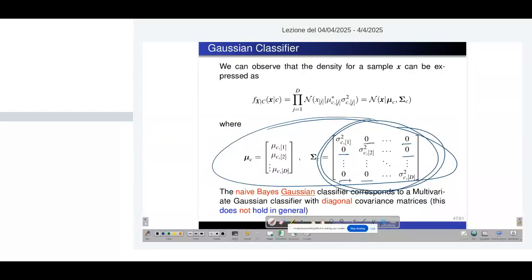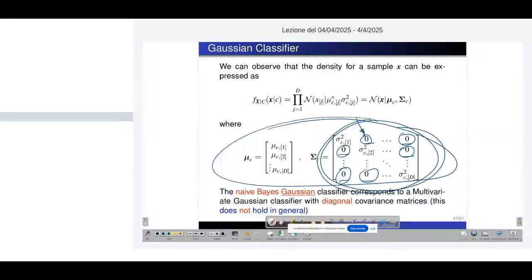Remember that for Gaussian densities, independence implies correlation zero, but also correlation zero implies independence. This holds only for Gaussian distributed data. So zeroing the covariance values outside of the diagonal corresponds to the Gaussian model with the independence assumption. The independence assumption is equivalent to saying that the covariance between the different components is zero, and the model is indeed doing exactly that.